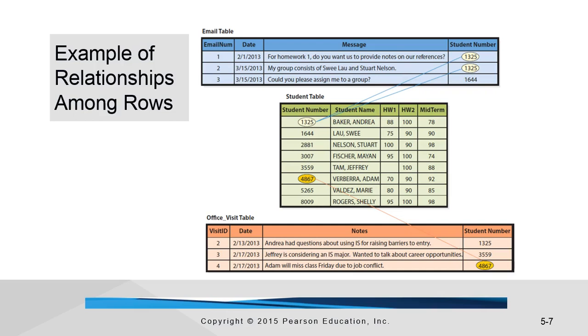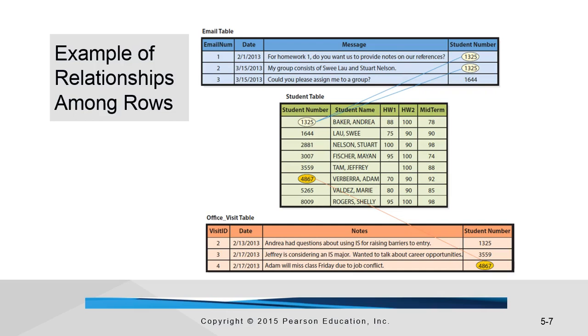So you'll see for each row in the student table, there can be one or more rows in the email table. That's called a one-to-many relationship. And then down in the office visit table, although there's only one row there for that student, that could also be a one-to-many relationship, because a particular student might visit the office more than once.